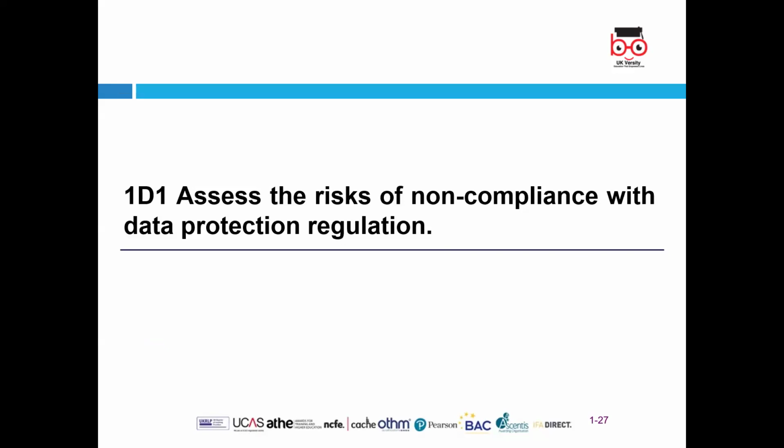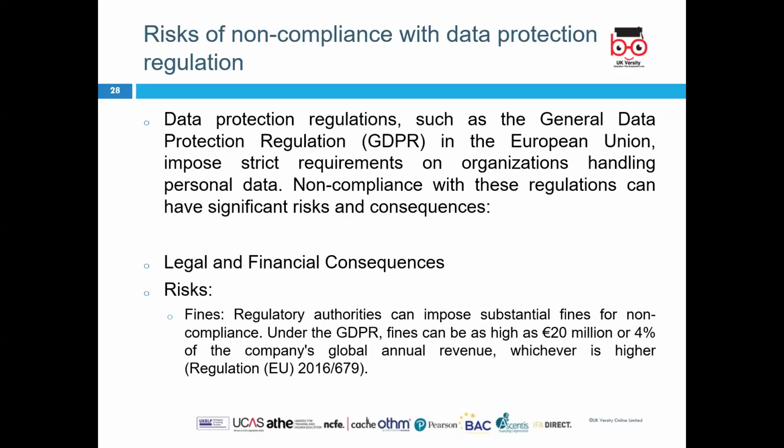So next we look into the risks of non-compliance with data protection regulations. Data protection regulations such as GDPR are designed for protecting customers' interests, and generally they impose very strict penalties for organizations which are not complying with these regulations.